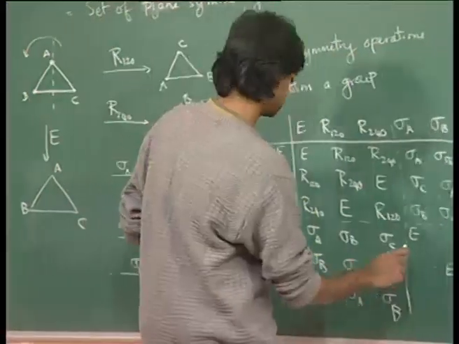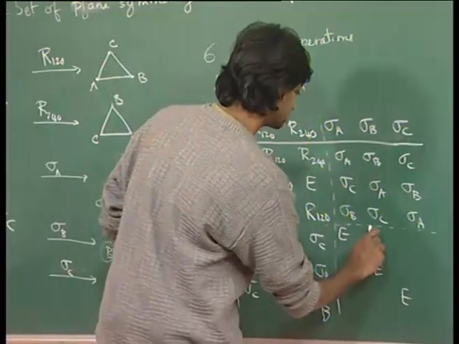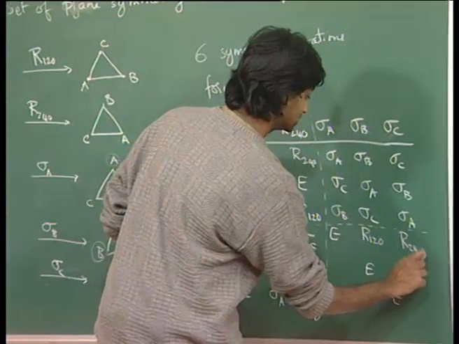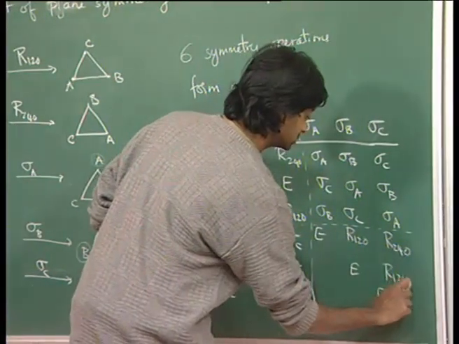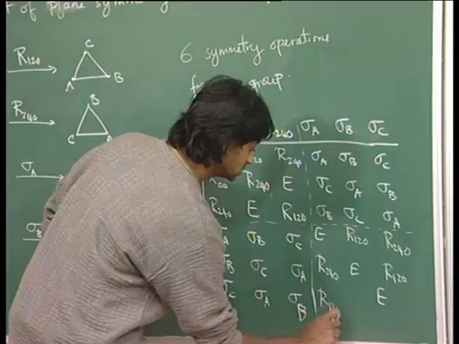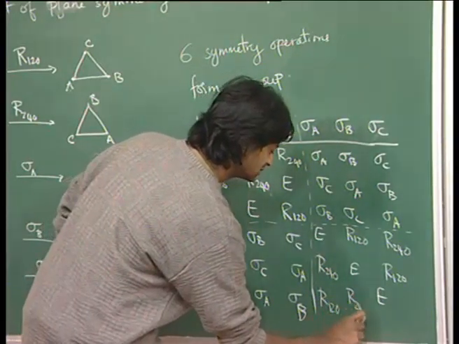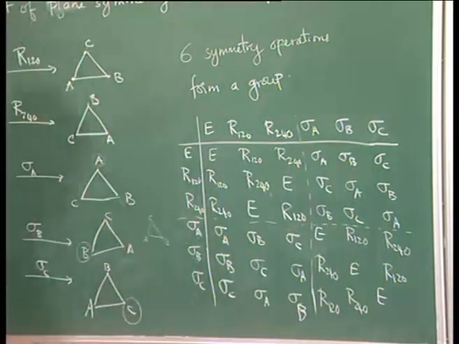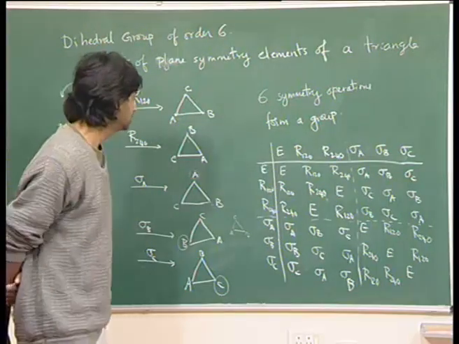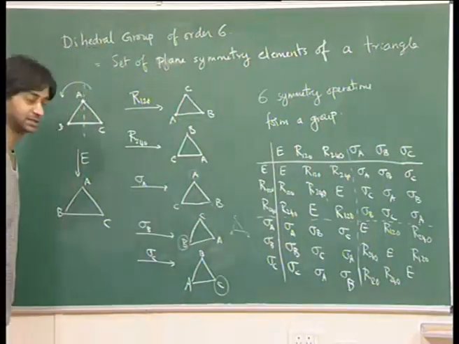Okay. So, this is R 120, this will be R 240, this will be R 120. Okay. So, you can verify this multiplication table of this group. This is the dihedral group of order 6.